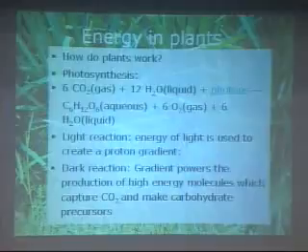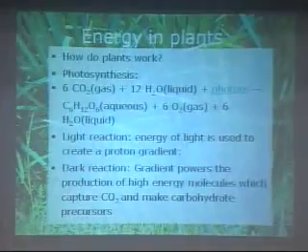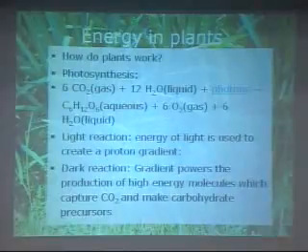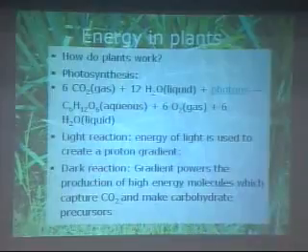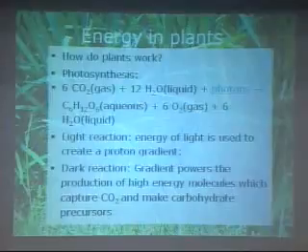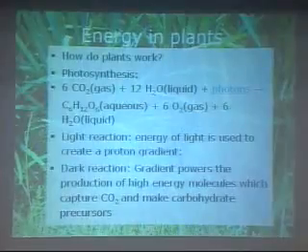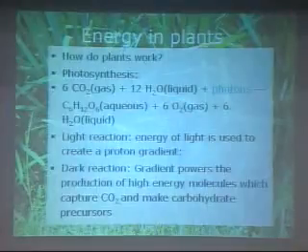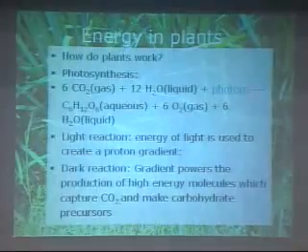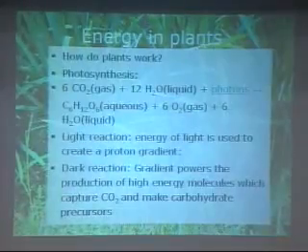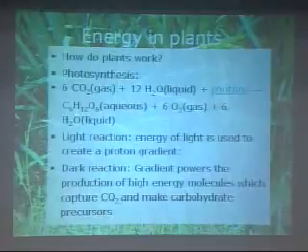In the first, the photons are captured and the plant actually uses them to create a gradient of protons. That is, it takes hydrogen atoms and it takes electrons out of the hydrogen atoms and produces positively charged hydrogen. That positively charged hydrogen is then used to power the production of high energy molecules, which themselves capture the carbon dioxide and make the carbohydrate precursors on which plants live.